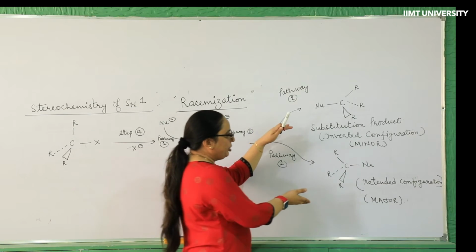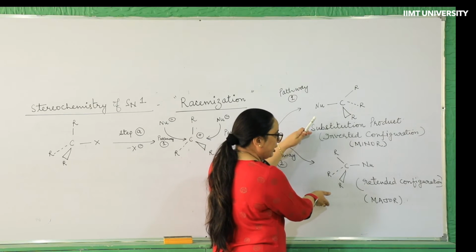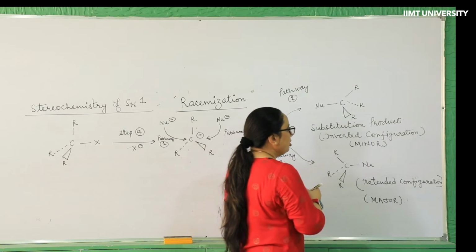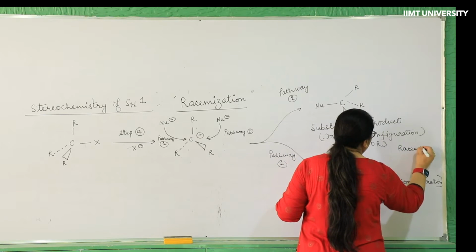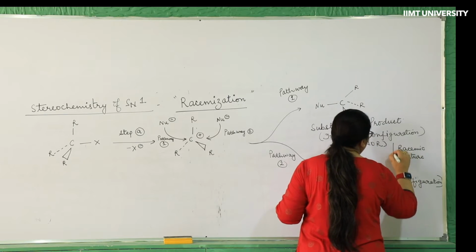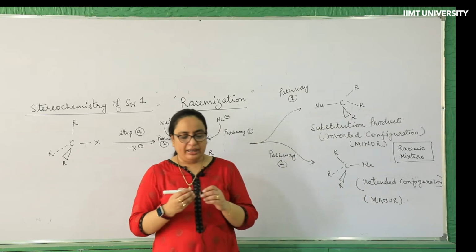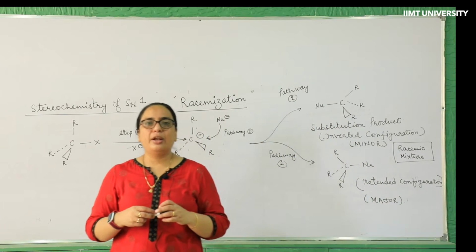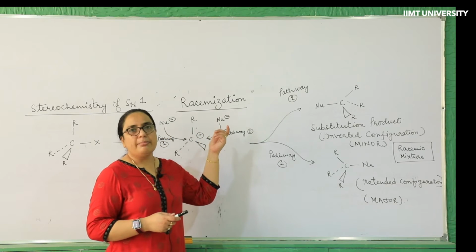As there is a formation of the two products of different configurations in the form of a mixture, so this mixture is called the racemic mixture, and the phenomenon is called the racemization. So in this way we can say that the stereochemistry of SN1 reaction can be explained by this single term, racemization.